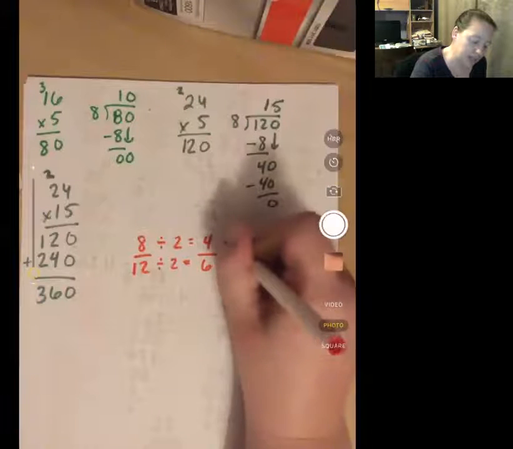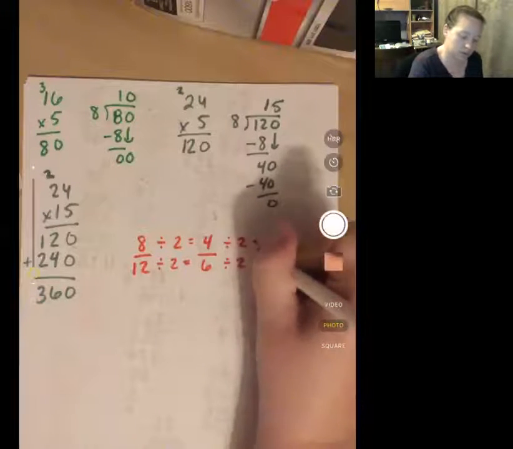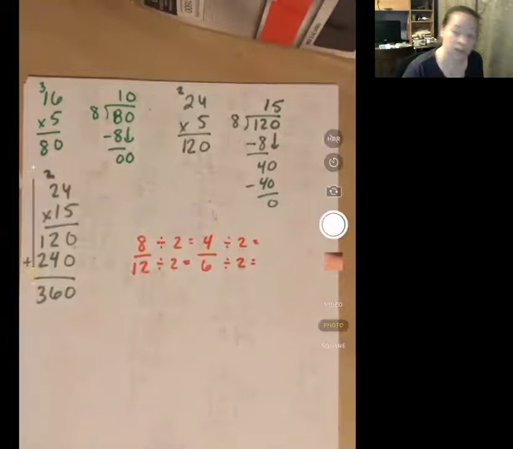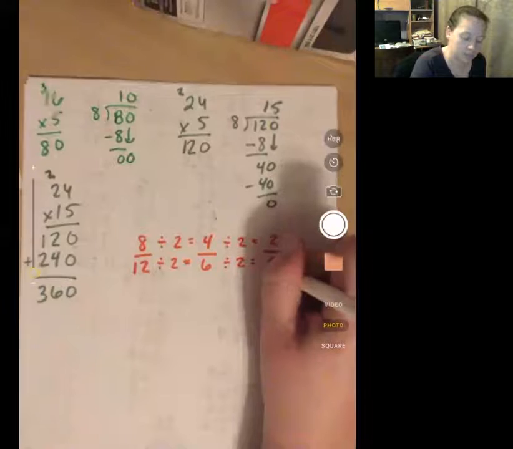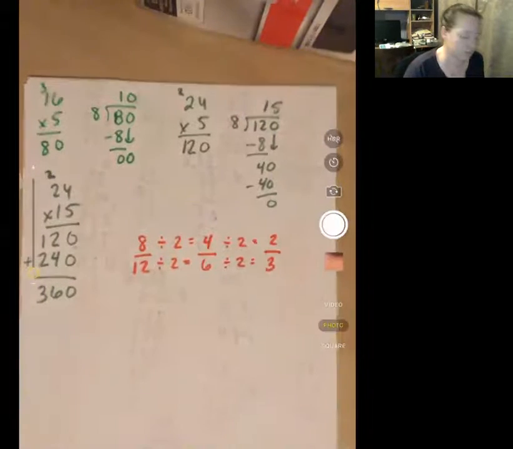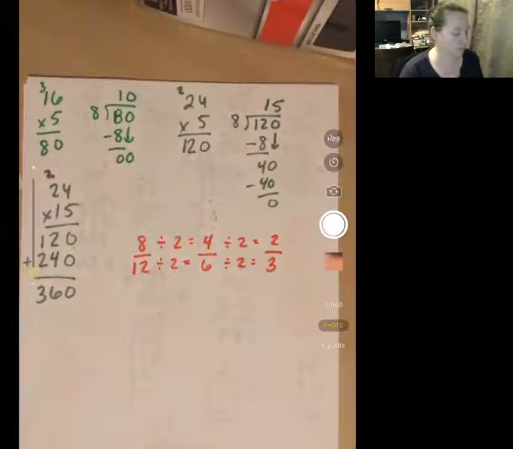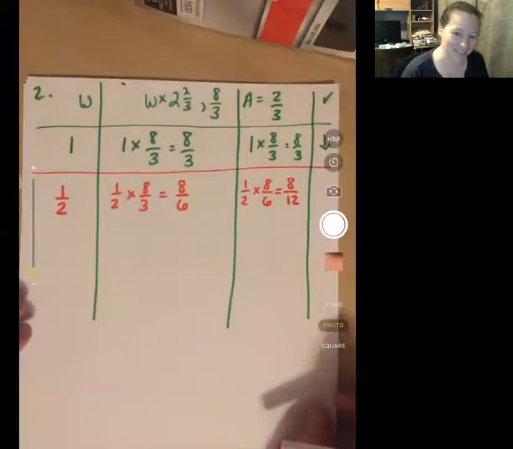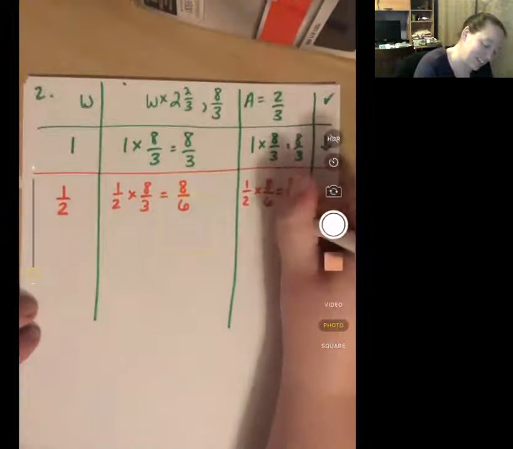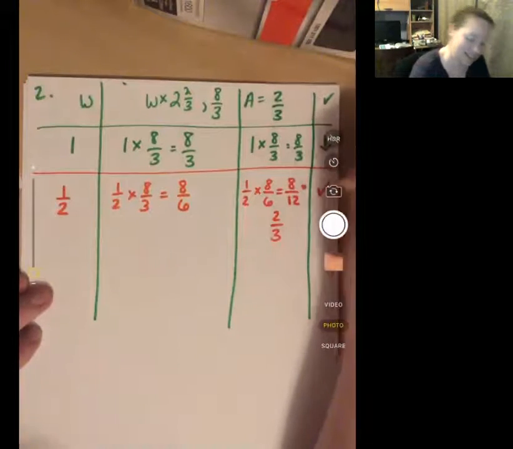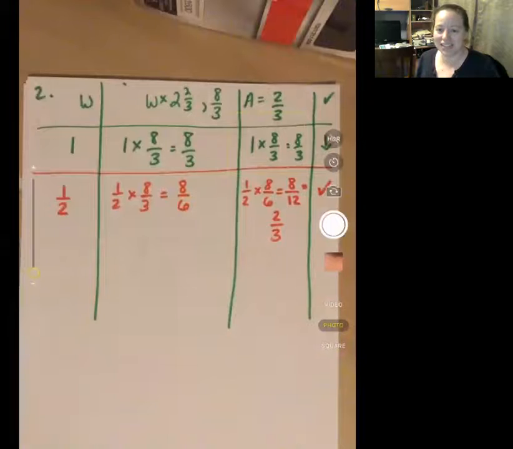Can divide out another 2. 4 divided by 2 is 2. 6 divided by 2 is 3. 8/12 is actually equal to 2 thirds, and so apparently a half is the answer that we wanted. That's really interesting.